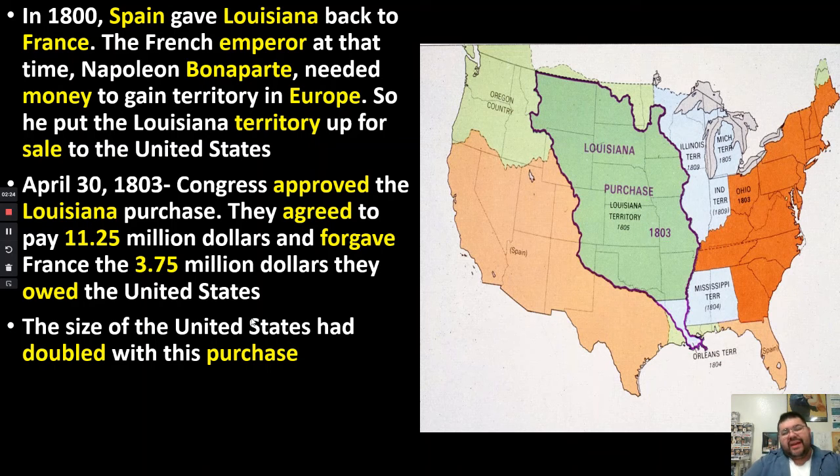All right. So in 1800, Spain gave Louisiana back to France. Now, in France, there was this emperor, right? His name is Napoleon Bonaparte. And this guy had no desire for land in America. His desire was to conquer basically all of Europe.